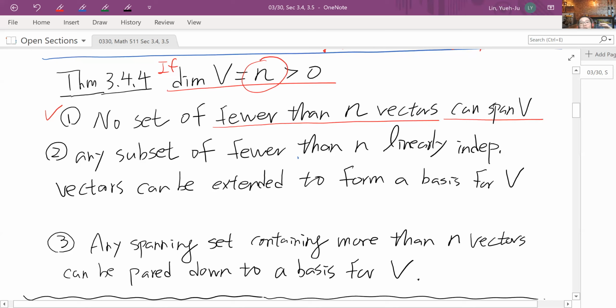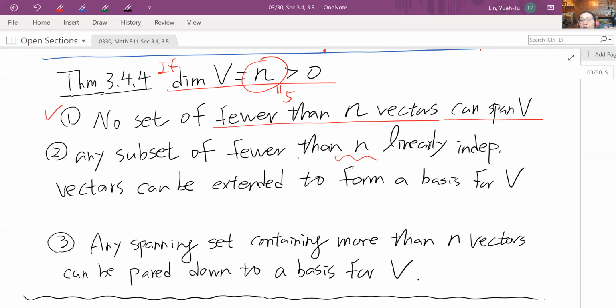So let's pick a concrete number. If the dimension is 5 and you give me a set of, say, 3 linearly independent vectors, I already know these 3 vectors cannot be a basis.